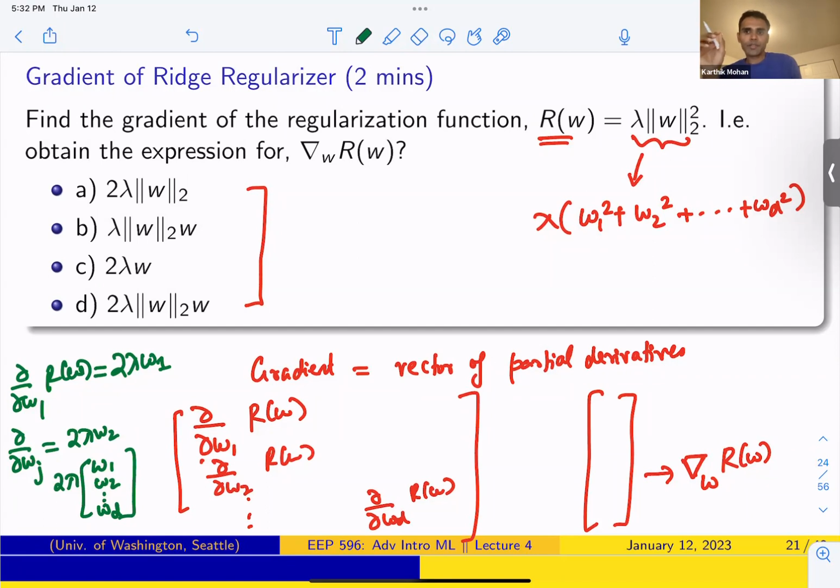And when you put together W1 through WD, you get the vector W. So sometimes in textbooks, you might see a W that's bolded. If it's bold, it's a vector. If it's not bold, it's a scalar. That's a little bit of extra notation to make it easy to understand. But always ask yourself, is this a vector? Is this a scalar? Then it becomes easy for you to understand. So you just put it together, you get 2 lambda W.